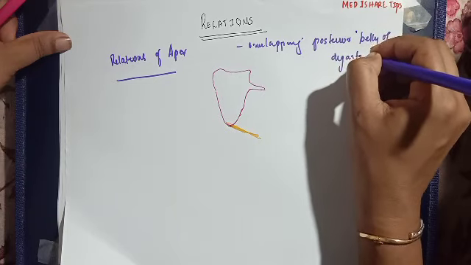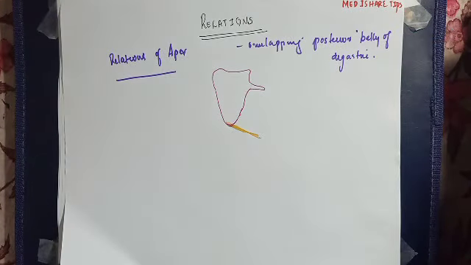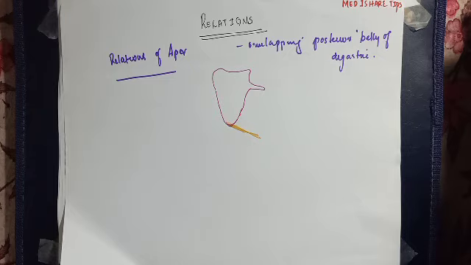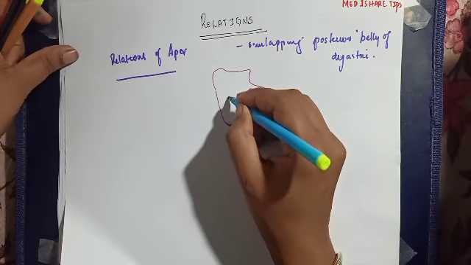Now which structures are passing near the apex? So we have two structures which are passing near the apex. We know that the retromandibular vein is formed within the gland by the union of the superficial temporal vein and the maxillary vein.